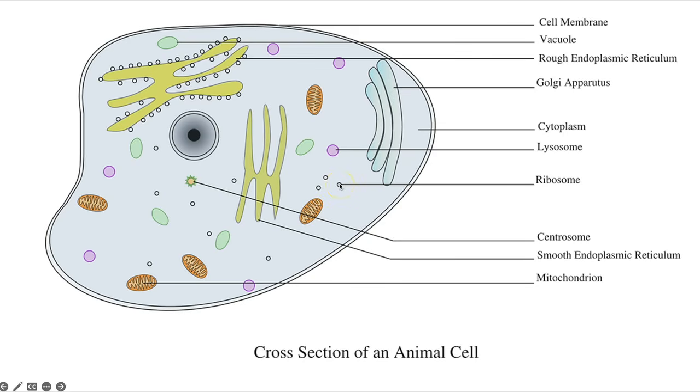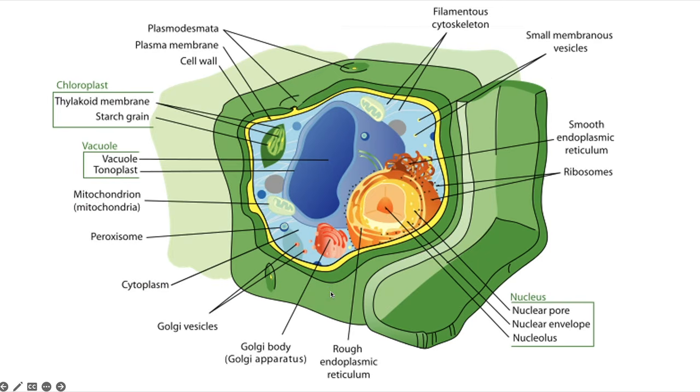Ribosomes are very, very small, so you're looking for very small spheres. Lysosomes are larger than the ribosomes. Mitochondria, you have these inner foldings, which helps those to be identified as well. Then if we have a look at the plant cell, so all of the same organelles plus some extra. So we've got the chloroplasts, which do look similar to mitochondria because they've got these inner foldings as well.